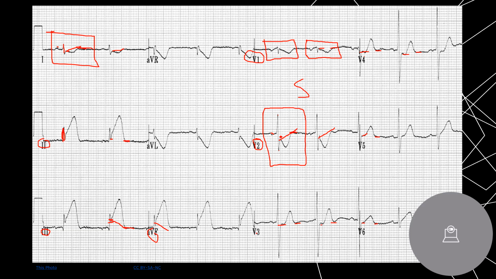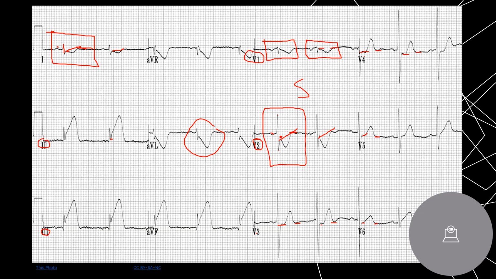I'm sorry, look at aVL too. aVL, huge depression, okay? But this is actually not depression right here. This is actually what you call a reciprocal change to all this elevation up here in 2, 3 and aVF, which confirms that you have infarction.